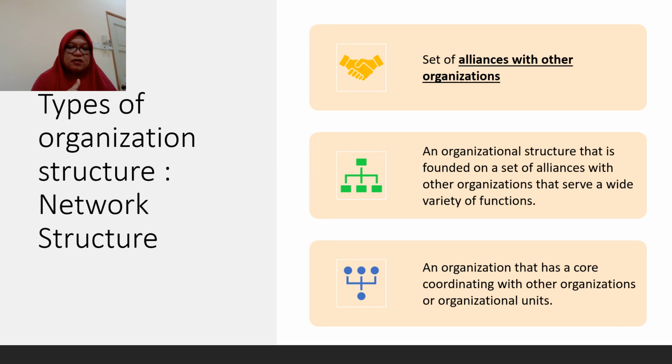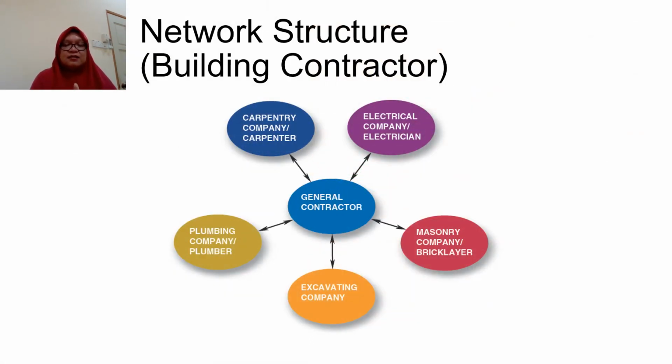For example, let's say that you are a contractor and you want to use the network structure for your departmentalization. Here is the main company, the general contractor. In order for this contractor to finish building, let's say, a house or schools and so on, he needs alliances with other companies.